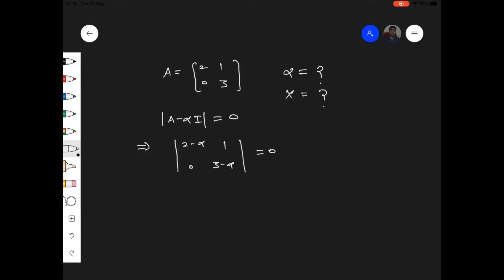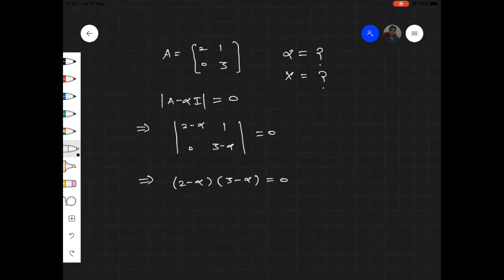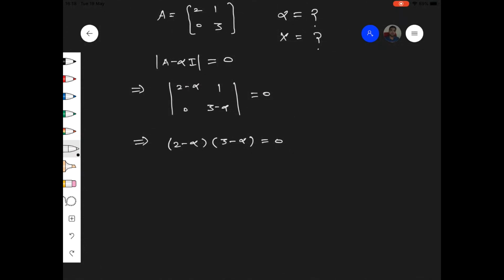Once we solve this determinant, it is going to give us (2 minus alpha) times (3 minus alpha) equals 0. That means alpha has the values 2 and 3, and these 2 and 3 are the eigenvalues of this matrix A. So we listed our eigenvalues, which are 2 and 3.